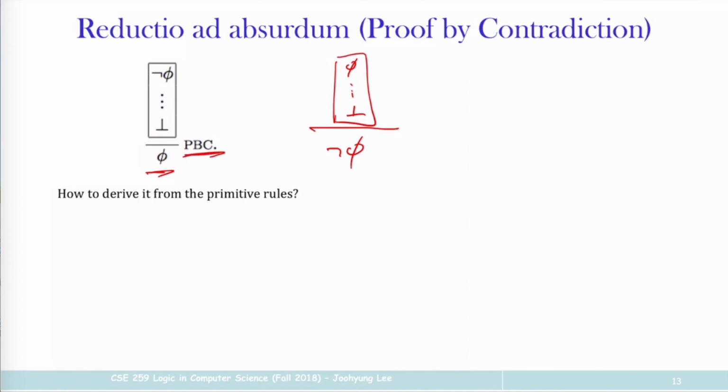Suppose we don't know this rule. So our goal is, suppose we can derive this part. Okay? From this, we can immediately get what? Without using the proof by contradiction rule, what can you derive?